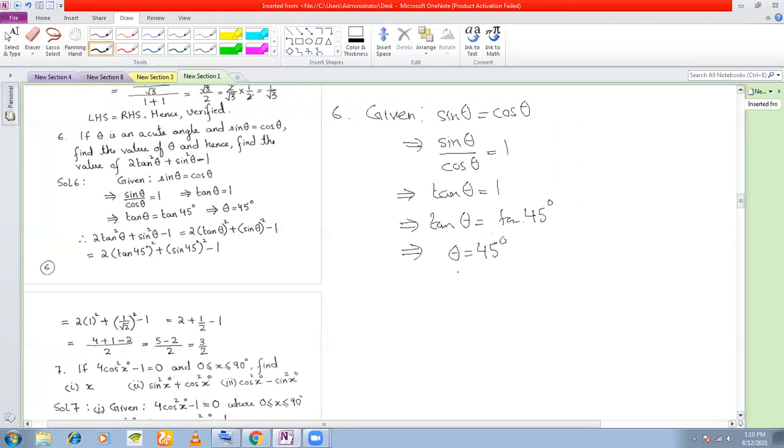So theta is equal to 45 degrees. Once we have got the value of theta, now what value do you have to find out? We have to find out 2 tan square theta plus sine square theta minus 1. Put theta is equal to 45.